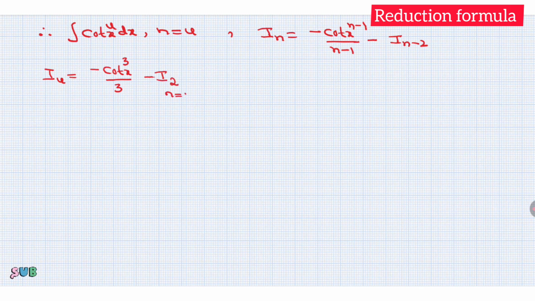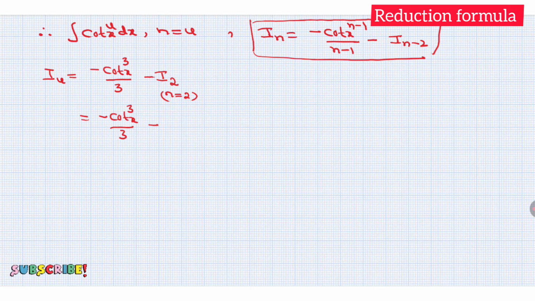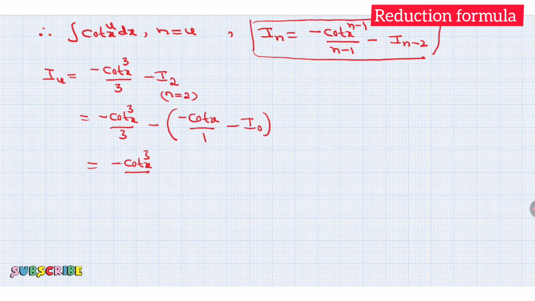Now here n equal to 2 again, I4 is equal to minus cot x cube by 3 minus, put n value equal to 2 in the above formula, I2 is minus cot x power 2 minus 1 is 1 by 1 minus I naught. So it is equal to minus cot x cube by 3 minus into minus plus cot x minus into minus plus I naught.